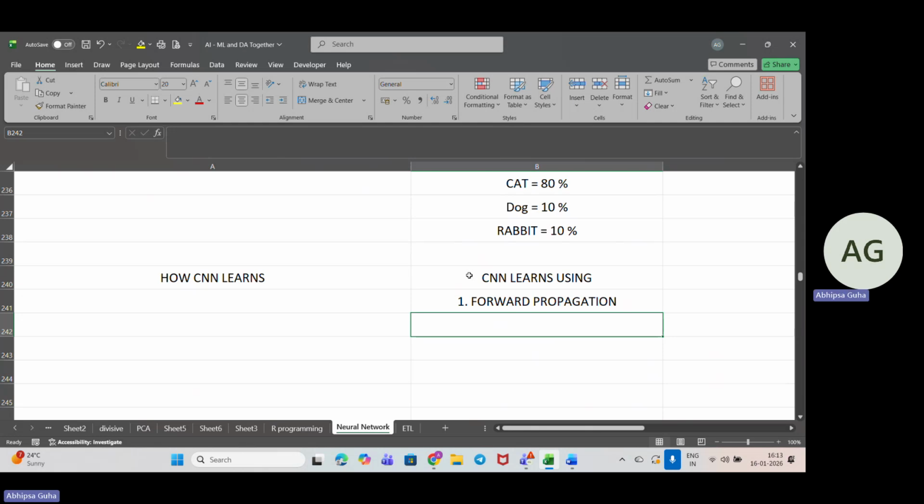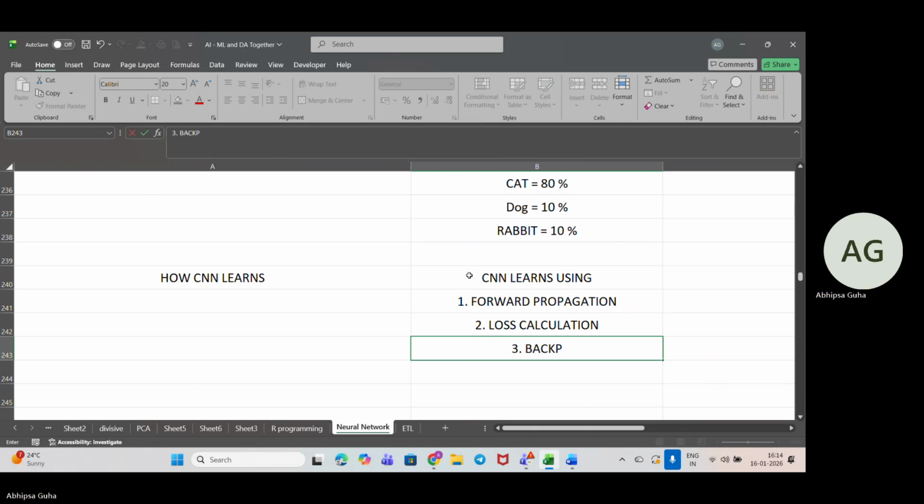Next, it goes for loss calculation. Next, it goes for backward propagation, like backpropagation. So this is how things are moving.